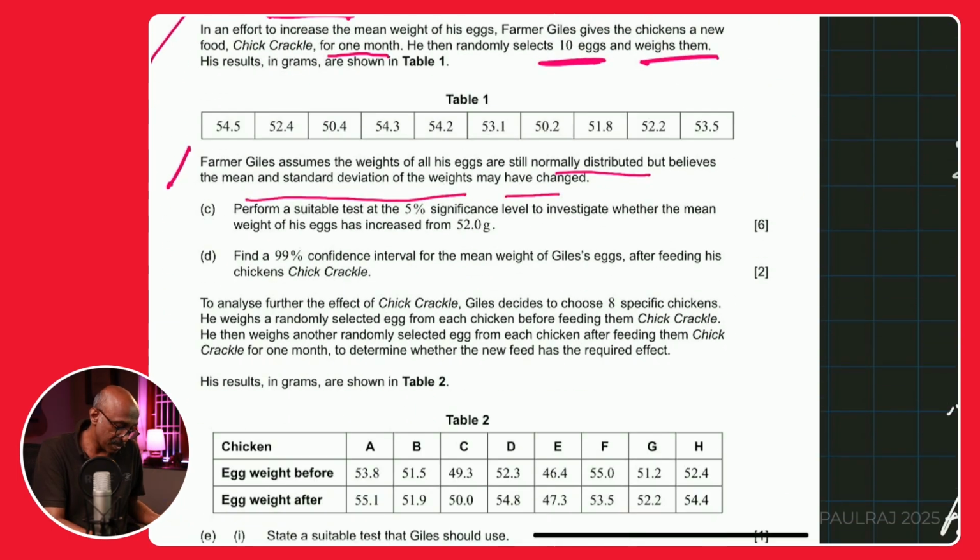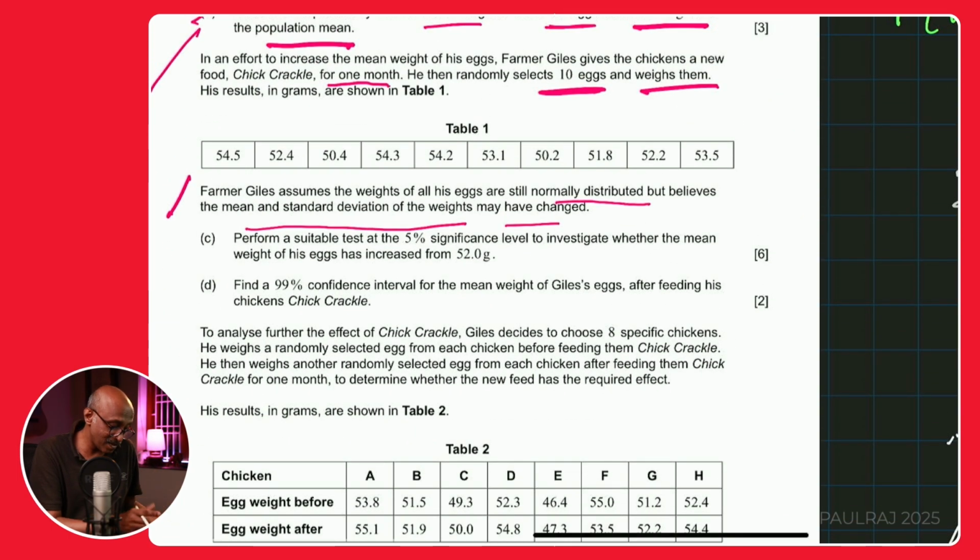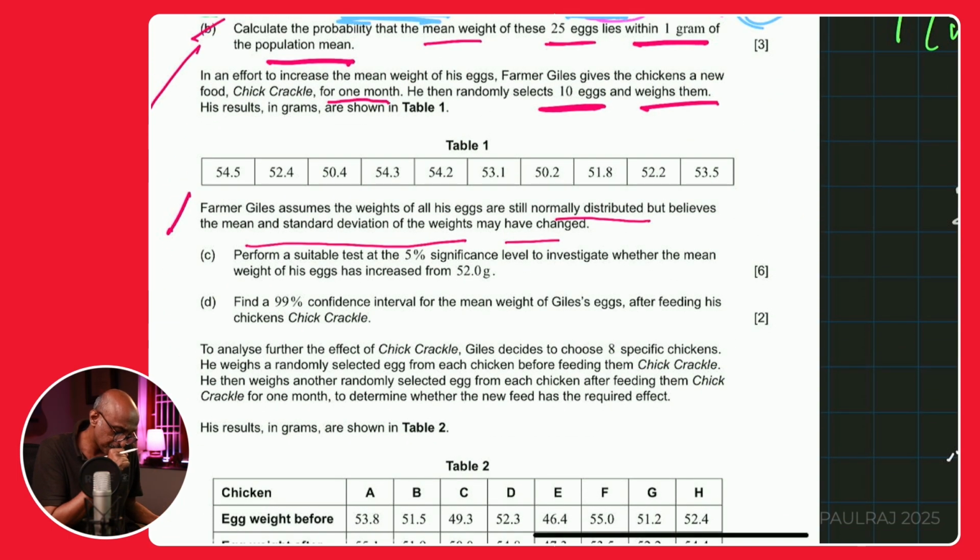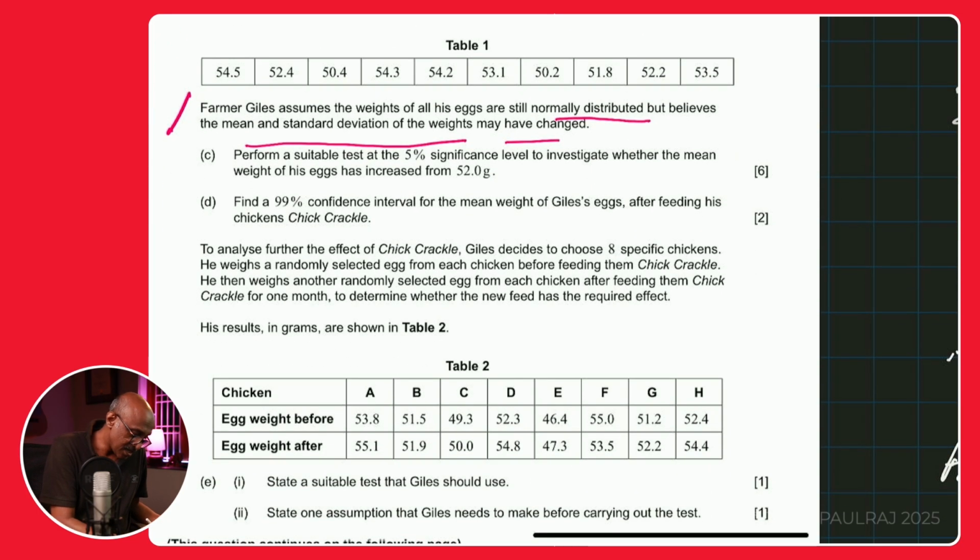But this is now after he's given them that special feed, chick crackle, and weighed them. He says the mean and the standard deviation probably have changed, but it's still following a normal distribution. Part C: perform a suitable test at the 5% significance level to investigate whether the mean weight of his eggs has increased.